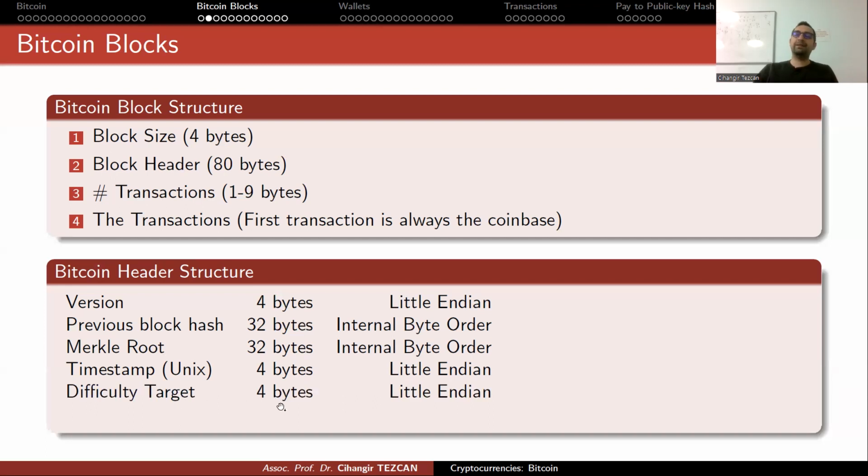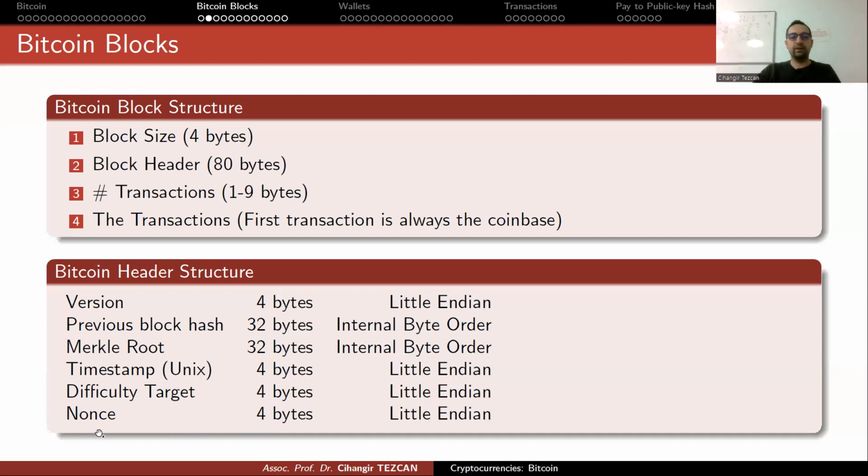Difficulty target, this is the target that the miner tries to obtain a hash value that is less than. Since there is a target and you are trying to obtain a value that is less than this value, in bit representation, this means that the solution of the miner starts with many 0 bits. And finally, we have a nonce value, which is 4 bytes, which is 32 bits, which miners modify to solve the puzzle.